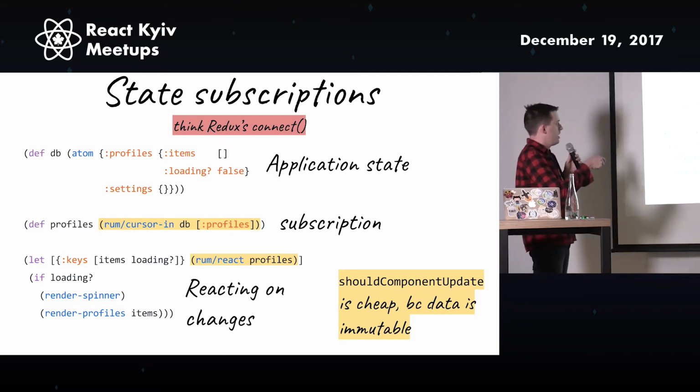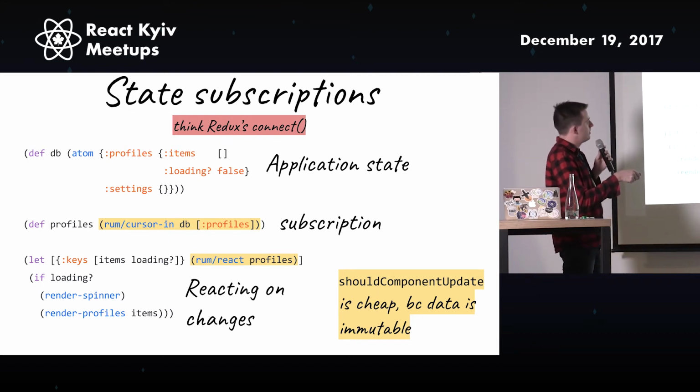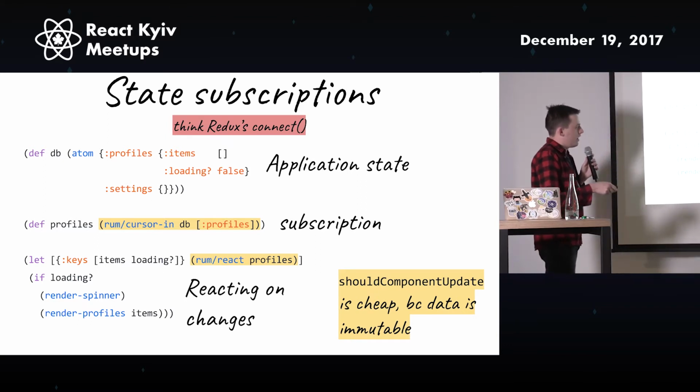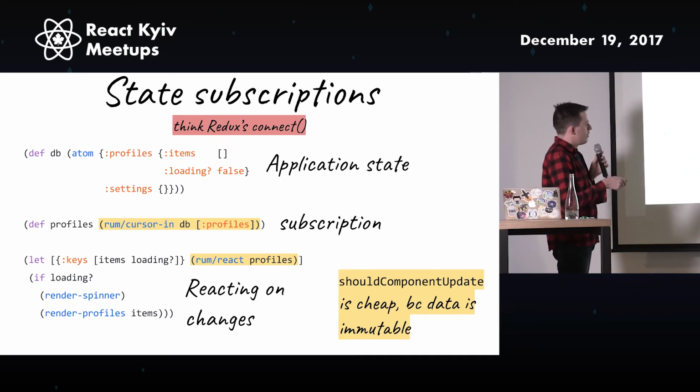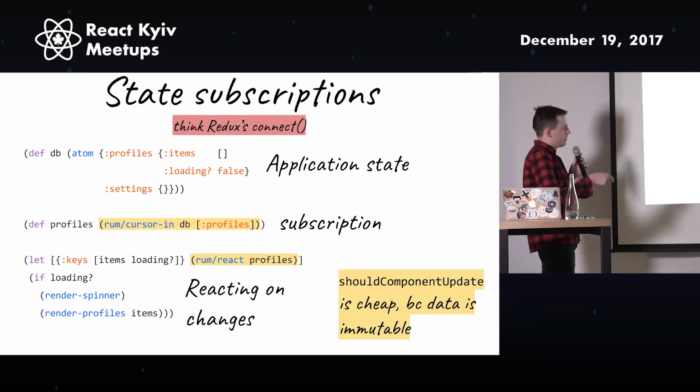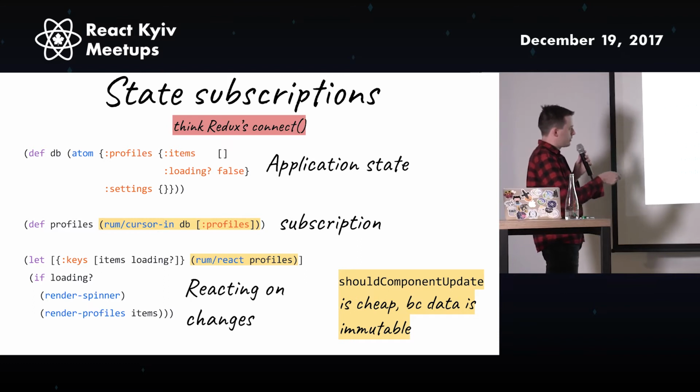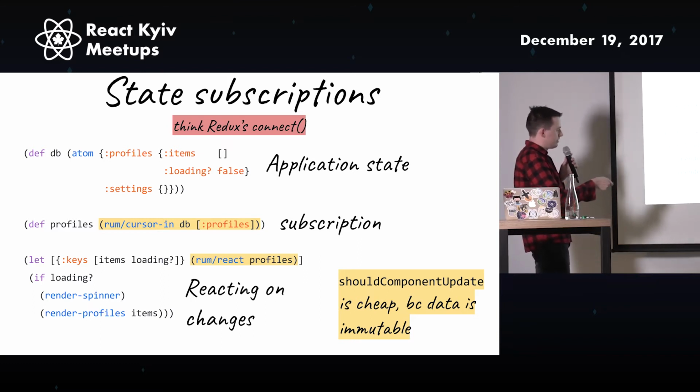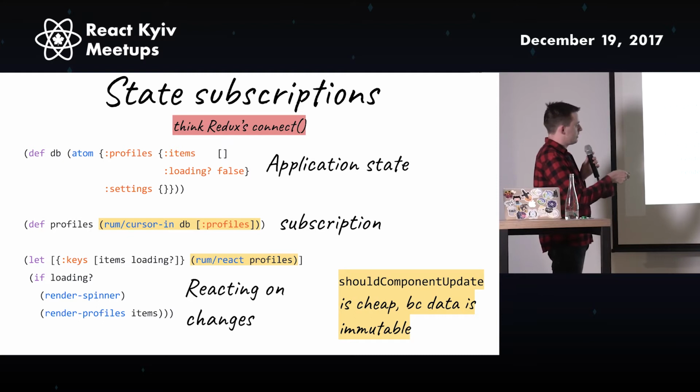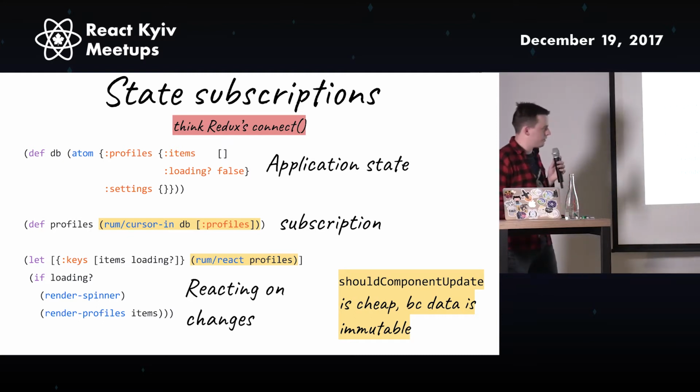So we are creating a new atom, which holds only this part, and then inside of the component we subscribe to changes behind this data, and every time this part is changing, it will render the component, we will extract the data, and for example, if it's loading, we'll render spinner, or if items are there, we'll render the items.